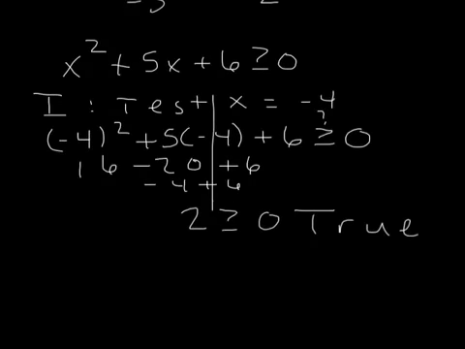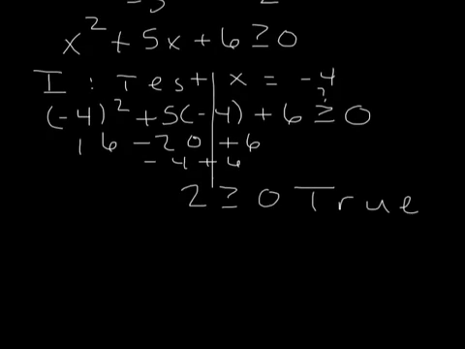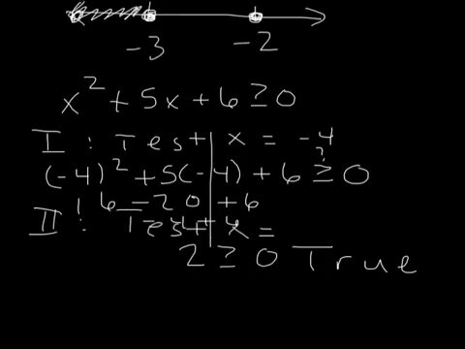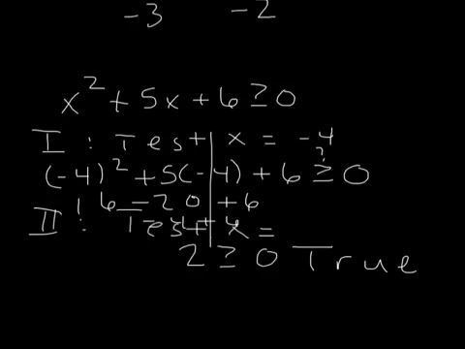And what we're going to do is test region 2. So this is a capital 2. And what we're going to do is test x equals, I need some value that's in between those two. So the only thing I can test, really, it looks like I'm going to do -2.5 in that region.